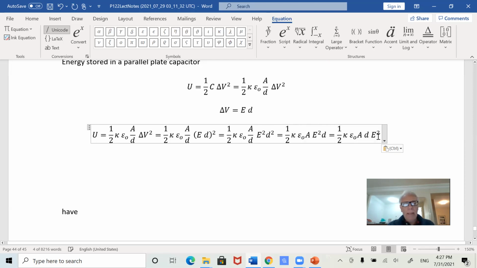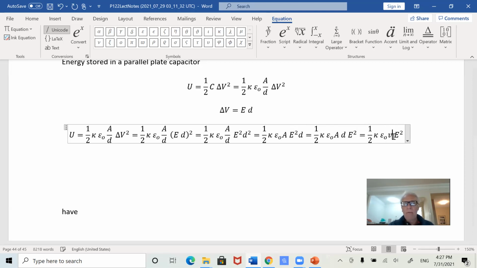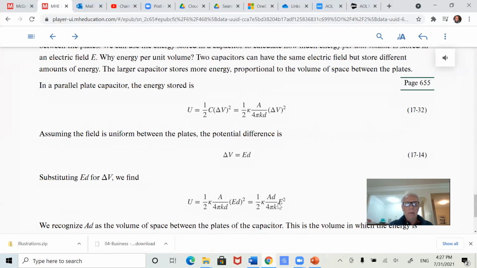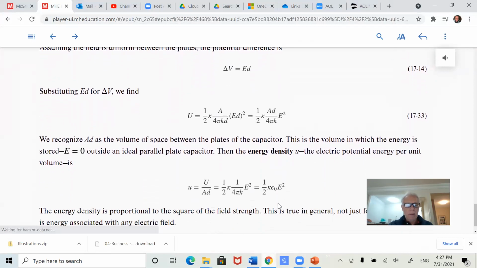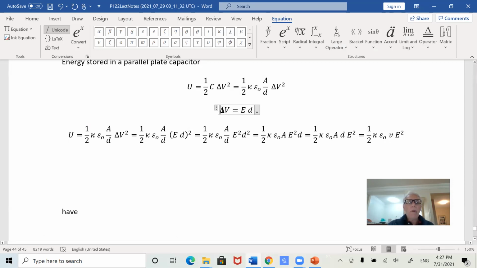I'm not going to write a big V, I'm going to write a small v. Let's see if the book did that as well. Yeah, he didn't put V, he just kept the AD. I'm going to even put delta V, okay? Delta V is the volume.